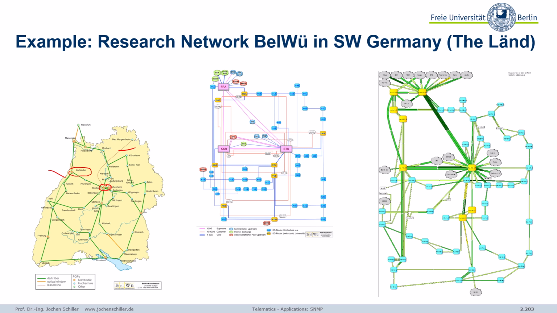But what is a bit more interesting for the network operators is the view you have in the middle, where you see the cities of, in this example, Karlsruhe and Stuttgart, and you see, okay, we have several hundred gigabit per second links, and we have some additional 100 gigabit links or 50 gigabit per second links, etc. And you also see the connections to the commercial exchange, DE-CIX, and some others here, some commercial so-called upstream connections to German Telecom and to other networks.